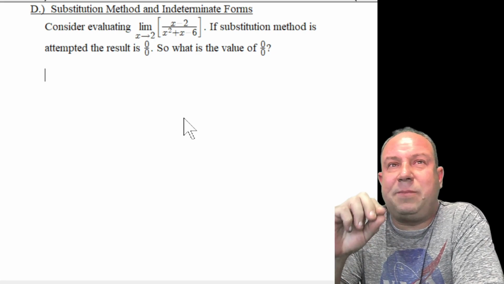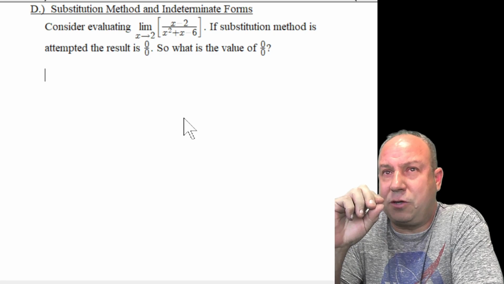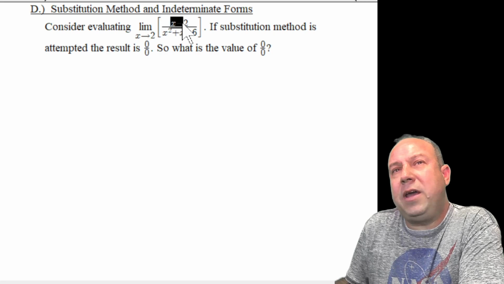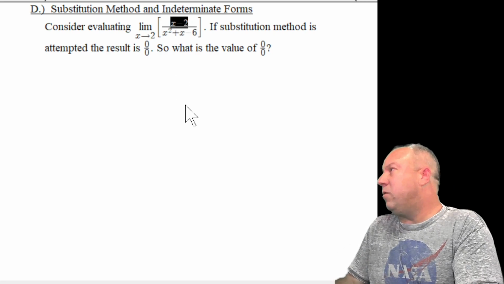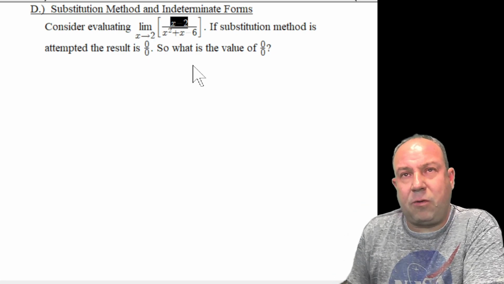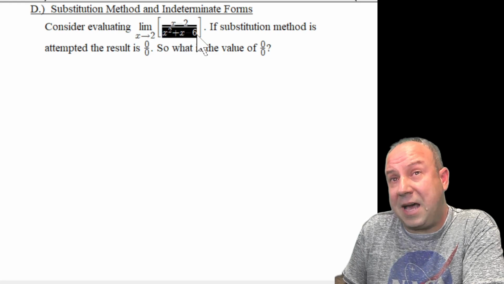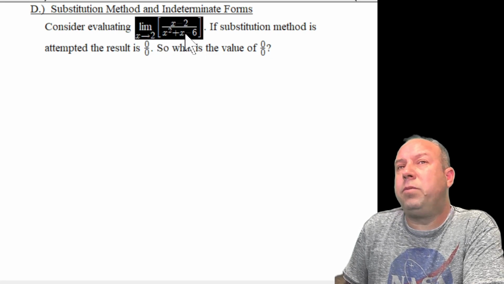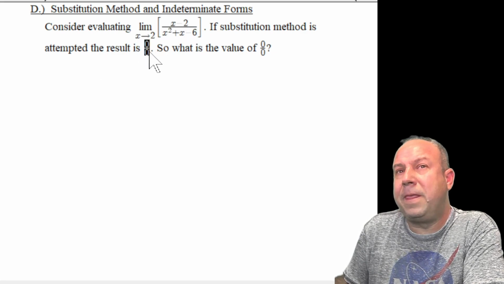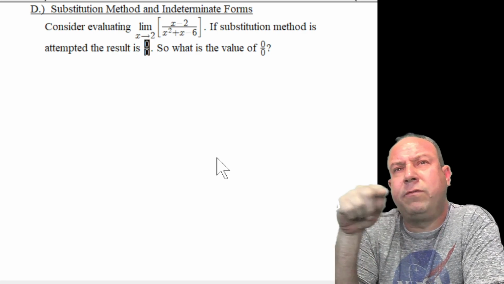If we attempt the substitution method, we substitute the value of 2 into each location for x. In the numerator, we have 2 minus 2, which yields 0. In the denominator, we end up with 4 plus 2 minus 6, which is also equal to 0. Substitution method is actually going to produce the result 0 over 0.